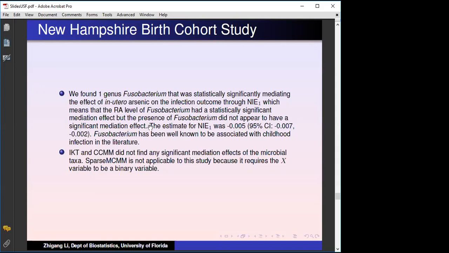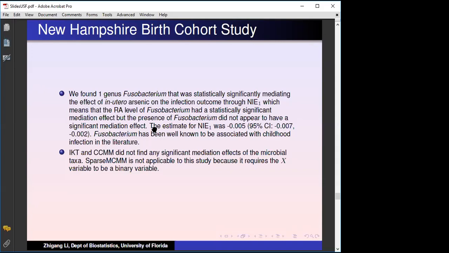So the interpretation would be that as the arsenic increases, it will decrease the abundance, because arsenic is some sort of antibiotic. It will kill bacteria.